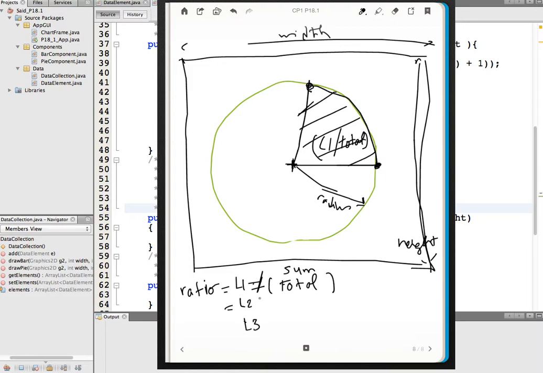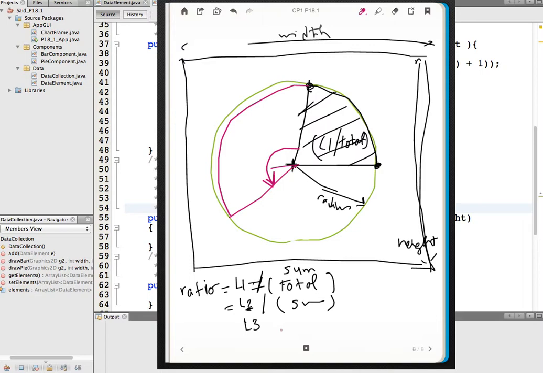And when it is time to do the second slice, then we want to look at length 2 and divide it over the sum or the total. So maybe length 2 can be something like this, and this will be an arc that's extending like that, making this angle.